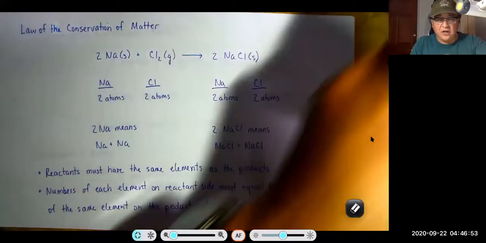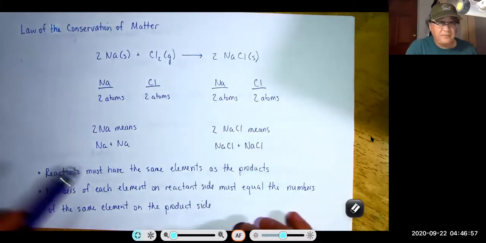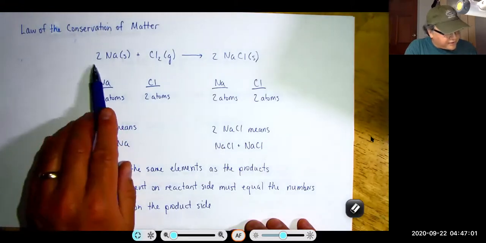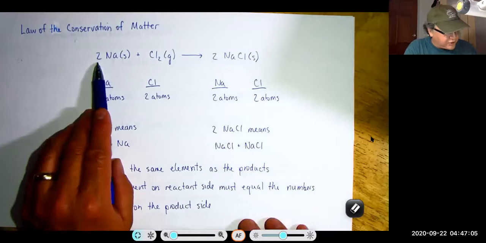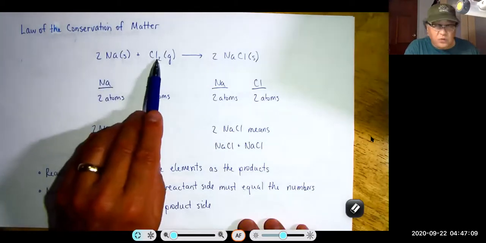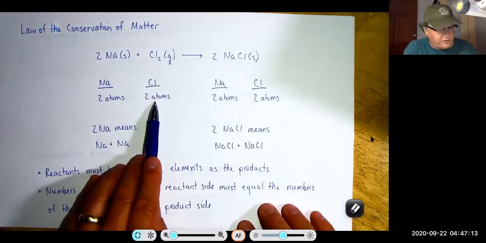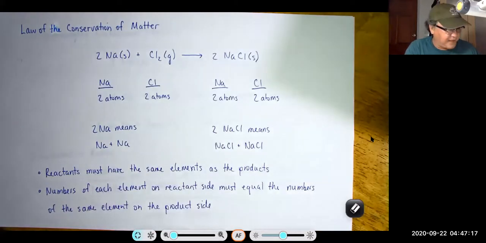So let's look at the law of conservation of matter in action here. I'm going to look at these coefficients as numbers of the substance. So in this case, 2 atoms. And in this case, it's 1 chlorine molecule, but it's 2 chlorine atoms. So I'm reducing this down to the atom look, okay?